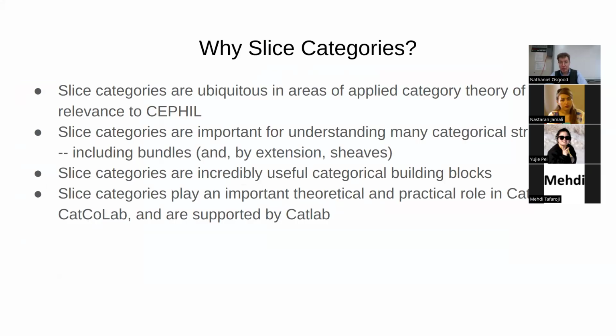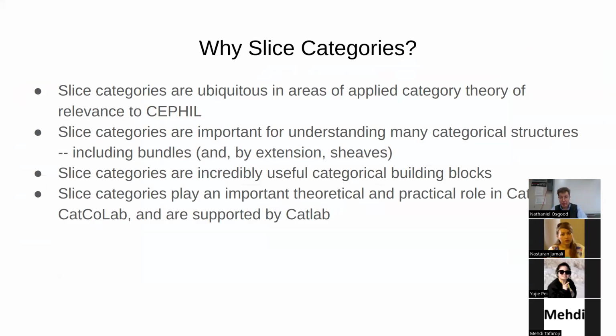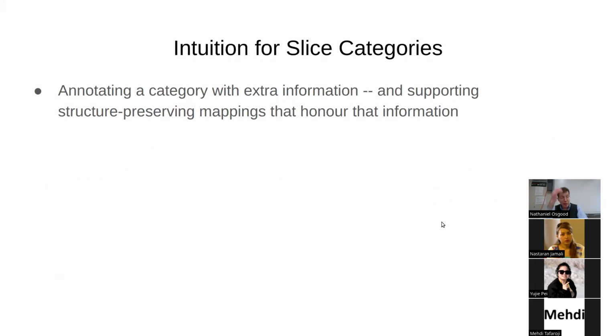So I've just provided some comments on motivations for slice categories. I won't elaborate here. One of the things that recommends slice categories is that they fulfill a very specific need and they come with a great deal of intuition around them.